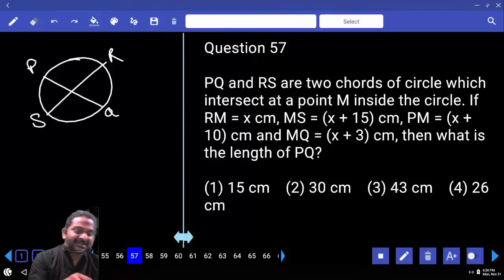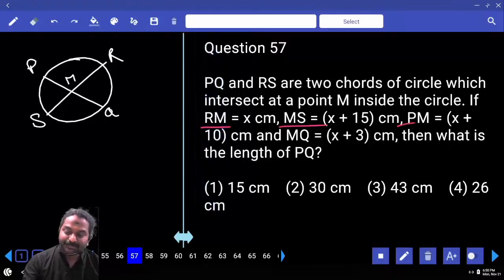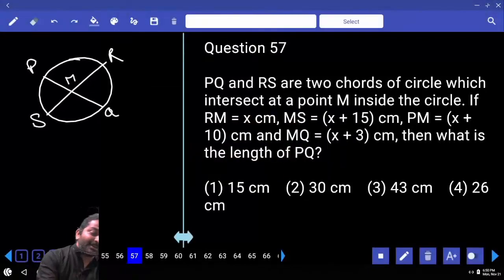I think last time we discussed, right? Now if it is point M, they mentioned RM, MS, PM, MQ and asked to calculate PQ. So you know the rule, right? Tell me. PM into MQ must be equal to RM into MS. Okay, come on, apply that.